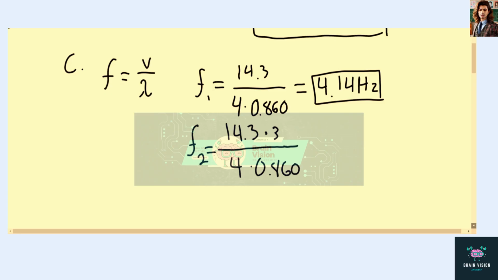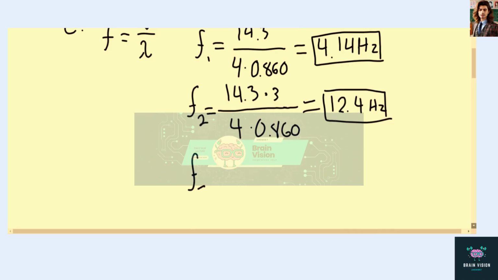You can say that it's times 3 in the numerator and then 4 times 0.860 in the denominator. So we end up with just an extra 3 in the numerator. And then your frequency for the second mode of vibration is going to be 12.4 hertz.